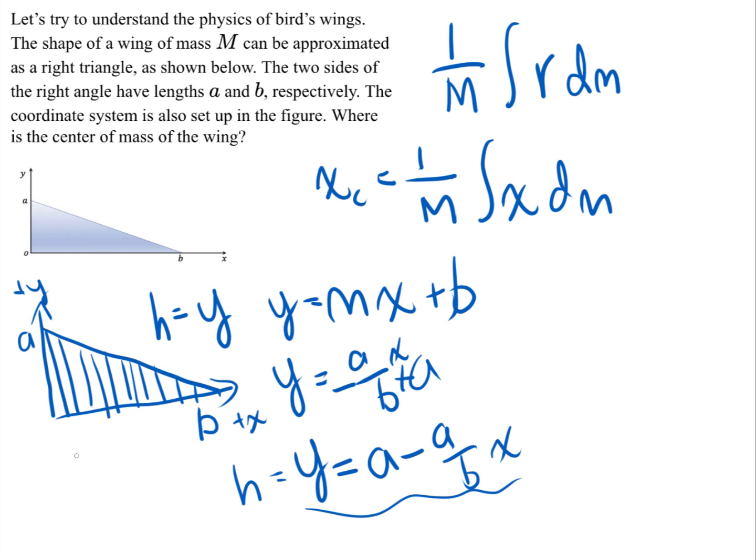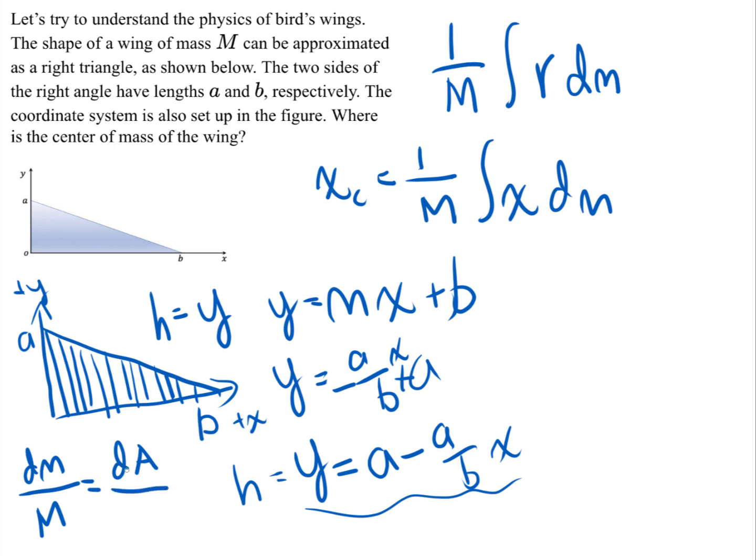So we know that each little mass, or dm, over the total mass of the bird's wing m must be equal to each little area dA of each little rectangle that we've divided it into. Just note that these rectangles will get smaller and smaller as you add infinitely more of them.